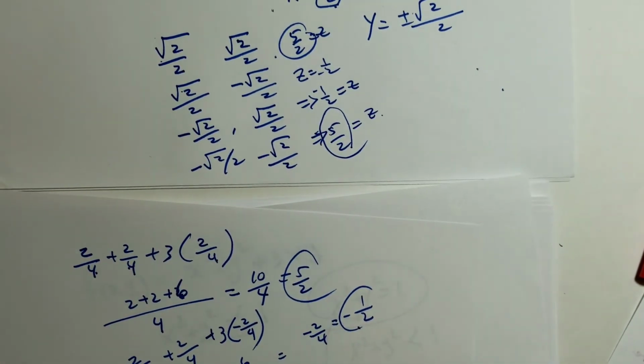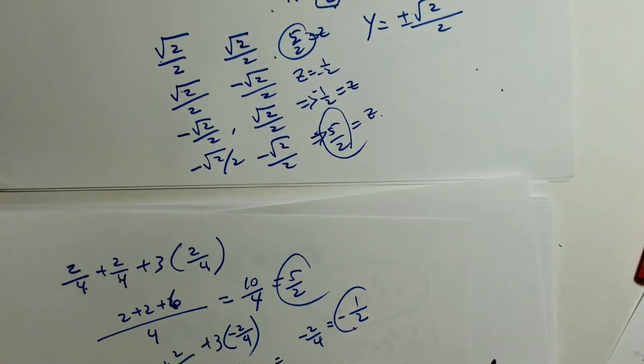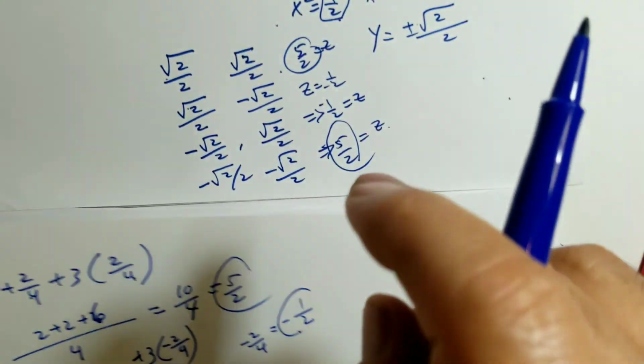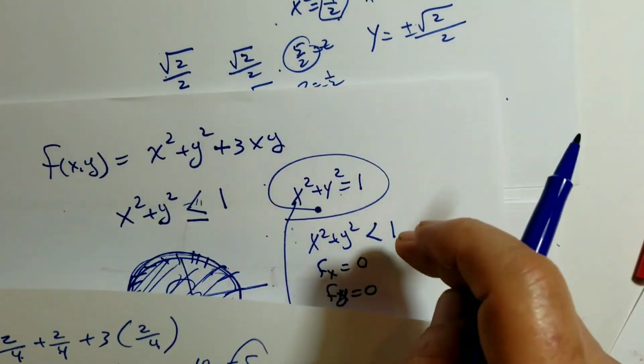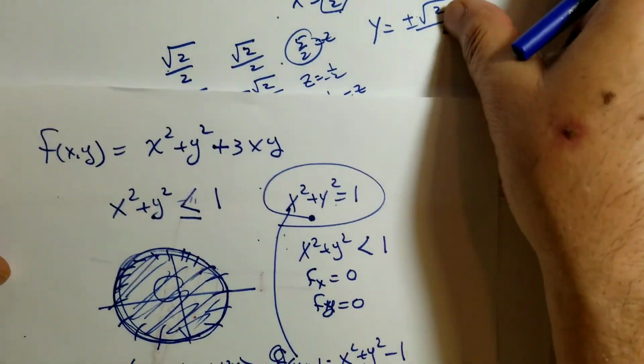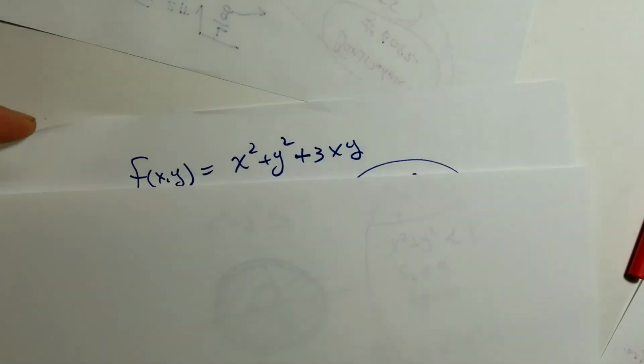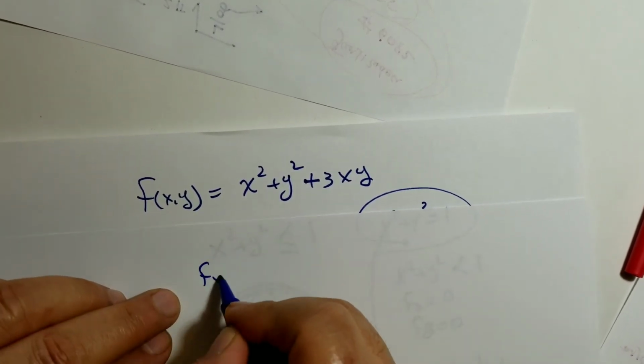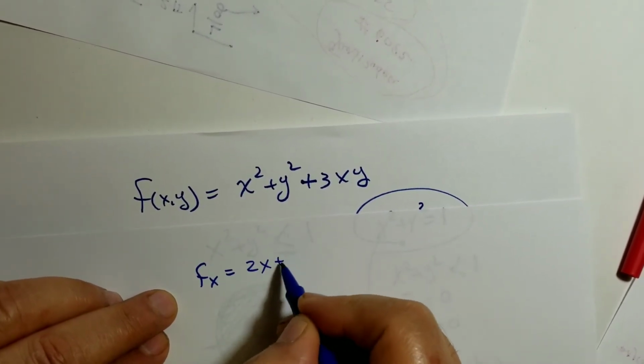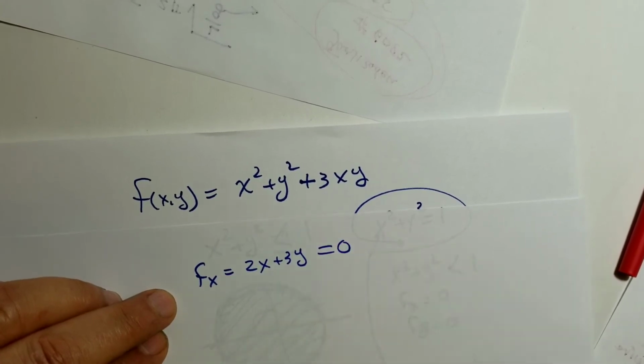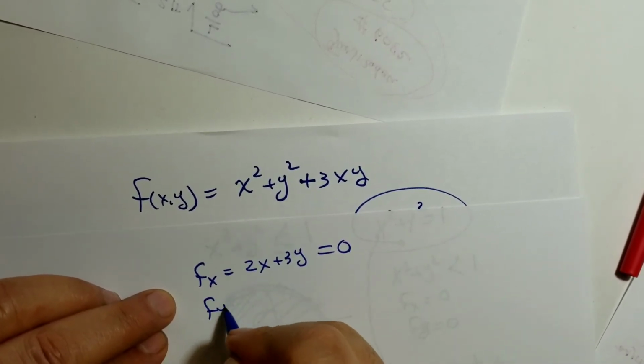Therefore, these 2 points are going to give you the maximum and minimum, but I only tried the border. I have not done the inside. Inside, I have to go back right here and say, what is the partial derivative with respect to x? It is 2x plus 3y. You have to set it equal to 0 simultaneously with y.